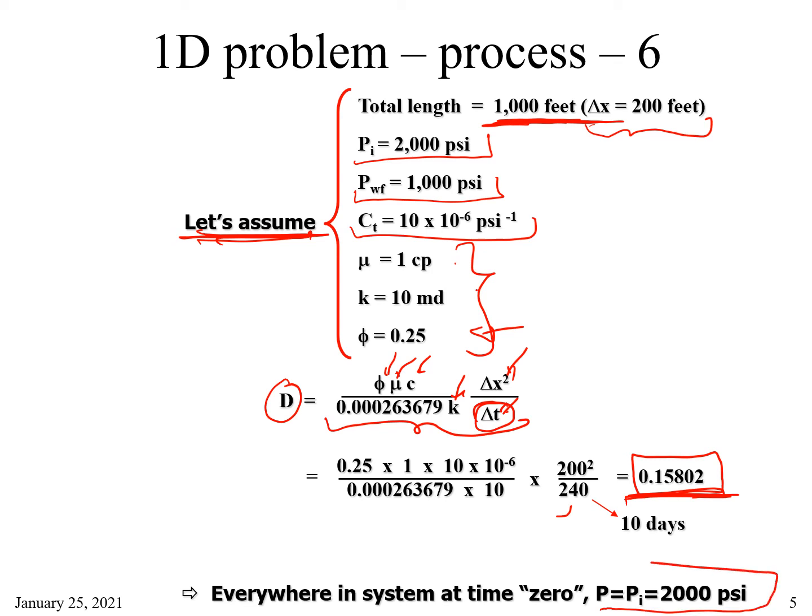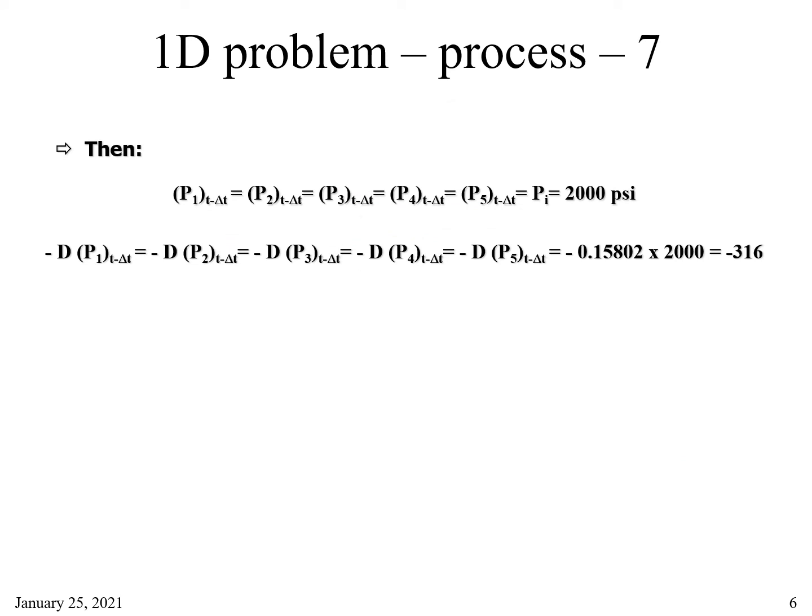Initial pressure everywhere was 2000 psi, and that's going to be used on the right hand side of the equation, as you will see on the next slide. So P for cell 1 at the previous time step, which is the initial time step, we're trying to evaluate. So we start out at 0. Every pressure everywhere is 2000 psi. Then you start moving forward in time and evaluating the pressure.